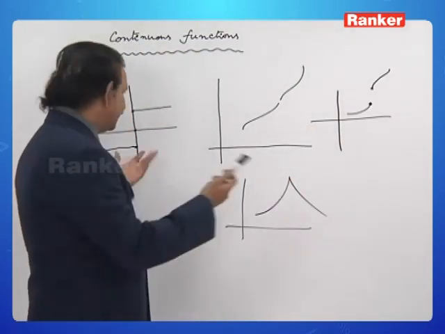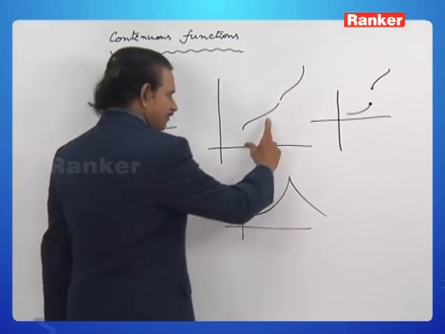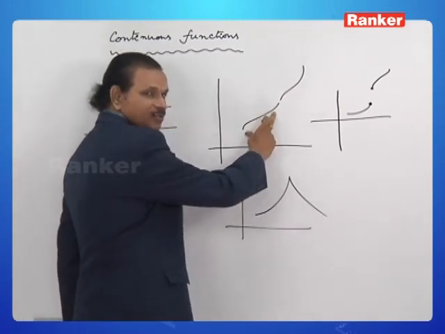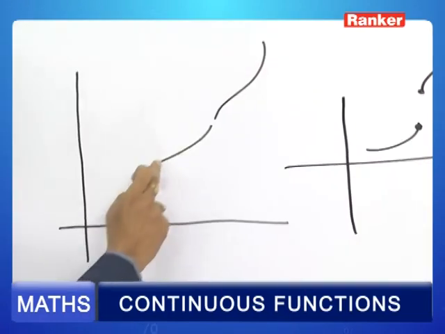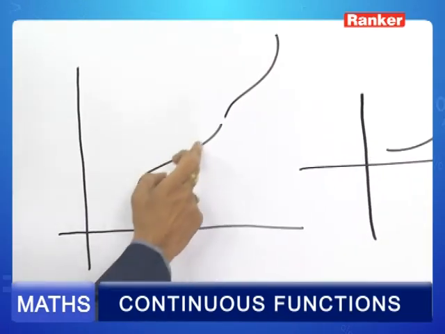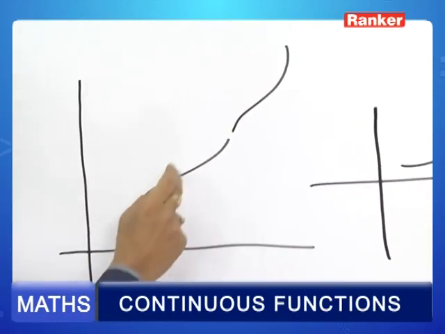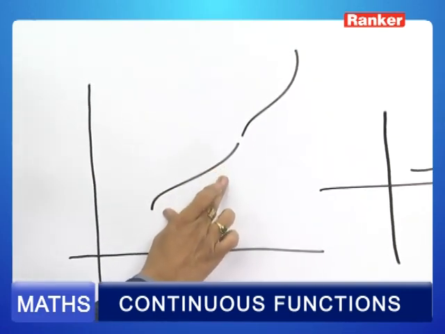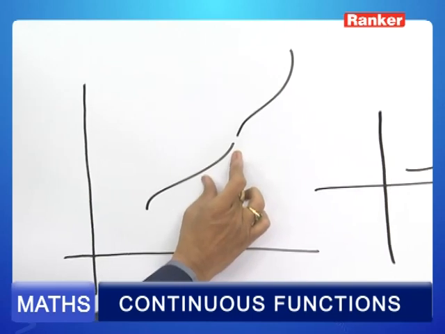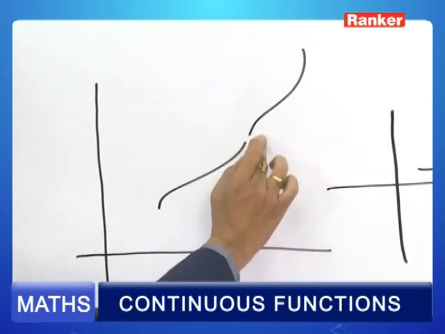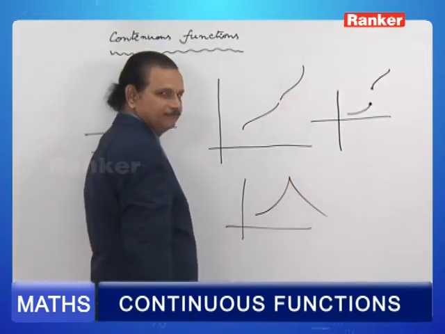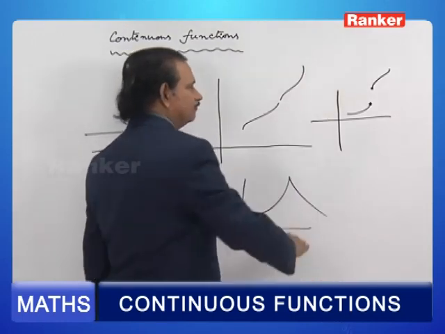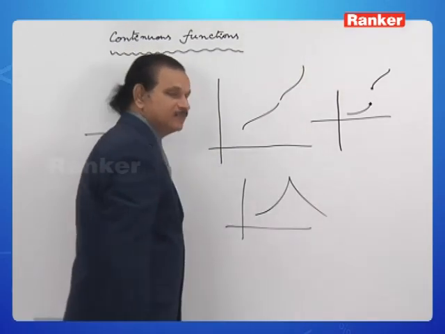Moreover, in all these graphs, observe the nature of the graph here in this region. There is no obstruction, there is no jerk, there is no jump, there is no cut, or there is no any peak point here in this region. In this region, the function is continuous. In this region, the function is continuous. But here it is not continuous because it has been broken. This part, the function is continuous.